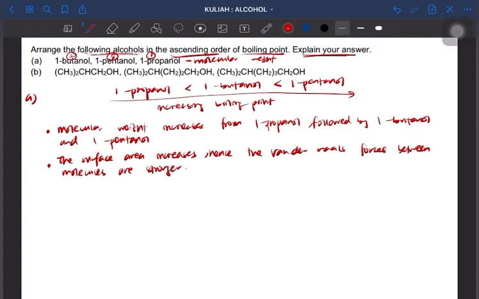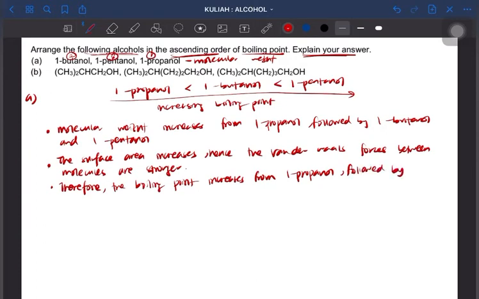Okay, therefore the boiling point increases from 1 propanol followed by 1 butanol and 1 pentanol. Okay, so this is how you write your answer lah.